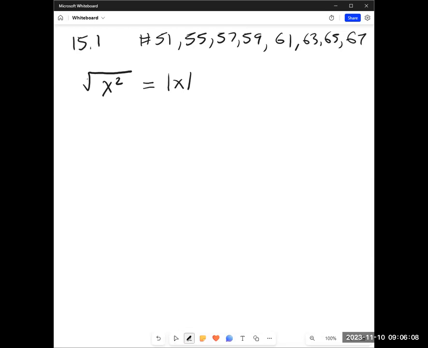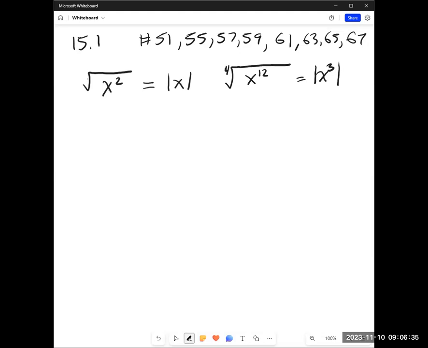Another example of this would be if I had the fourth root of x to the 12th, and 12 divided by 4 is going to be 3, then I would need to have absolute value bars around either the x and then cube that, or around the entire x cubed.